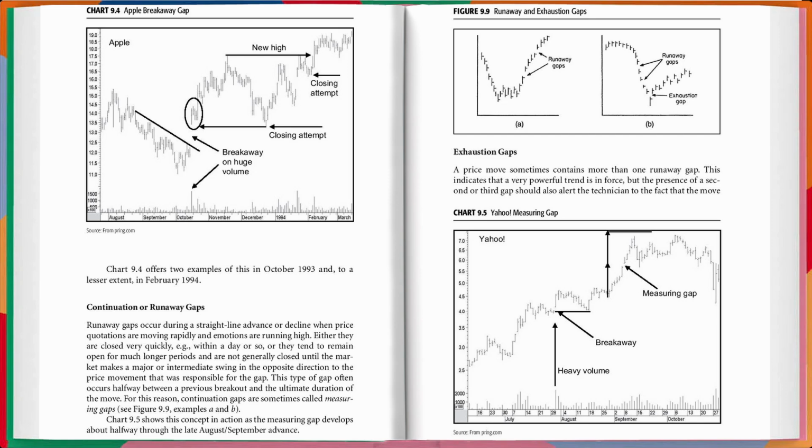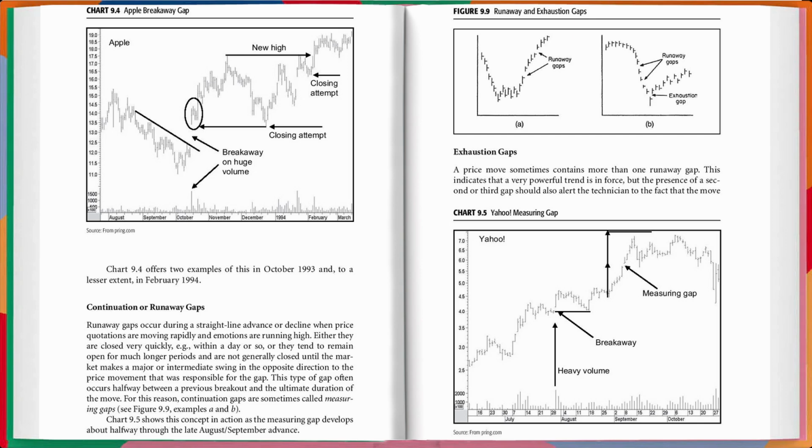Continuation or runaway gaps. Runaway gaps occur during a straight-line advance or decline when price quotations are moving rapidly and emotions are running high. Either they are closed very quickly, e.g., within a day or so, or they tend to remain open for much longer periods and are not generally closed until the market makes a major or intermediate swing in the opposite direction to the price movement that was responsible for the gap.